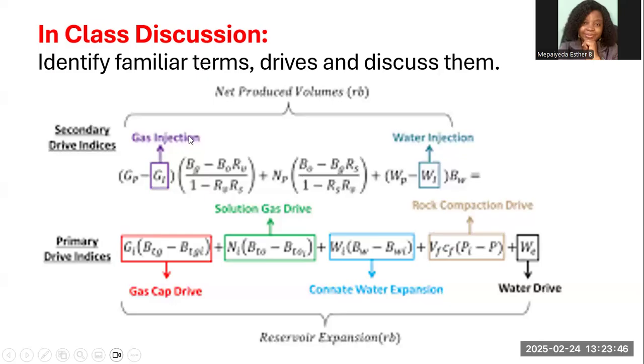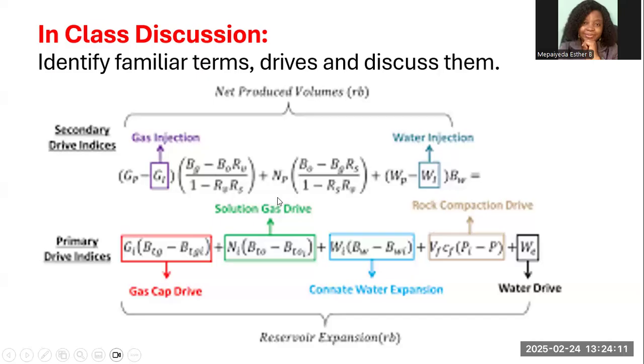Gp minus Gi, where Gi is your gas injection, water injection, Wp, your water produced, and you have your water formation volume factor. So it's basically the same for all texts. Then you have all this for your secondary drives, or pressure maintenance: water injection and gas injection. And here your primary drive, your gas cap drive.